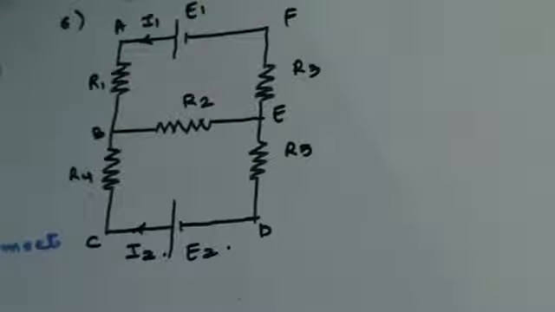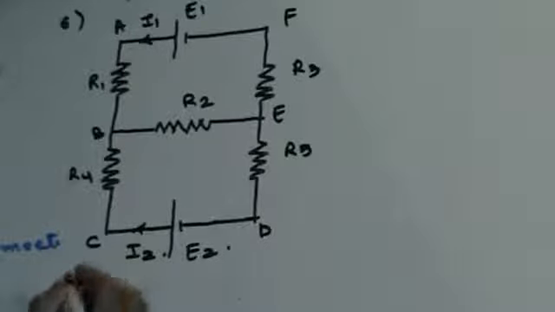This particular network is made up of multiple loops. Remember, in a loop you have to start from a point and reach the same point again. I can have a loop A, B, C, D, E, F, A. I can have a loop A, B, E, F, A. I can have a loop B, C, D, E, B. So there are 3 different loops possible here.